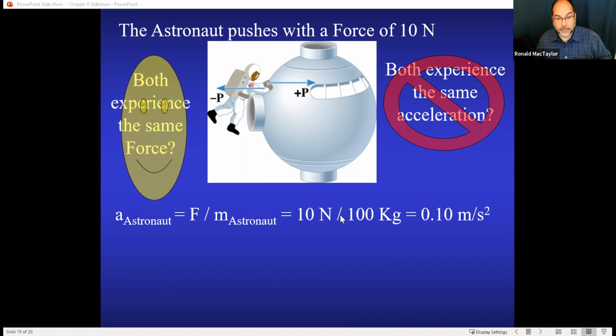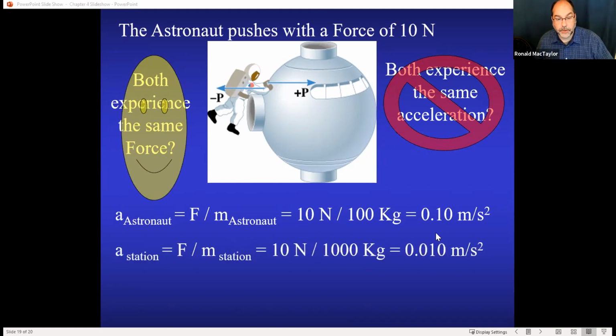However, the astronaut, 10 newtons for their 100 kilograms of mass, would experience an acceleration of 0.1 meters per second squared, whereas the space station, if it's 10 times more massive, would experience an acceleration of 0.01 meters per second squared, much smaller acceleration. Same force, smaller acceleration.